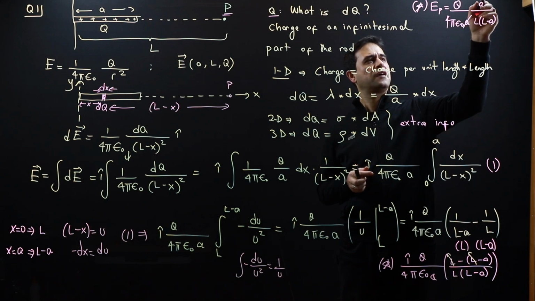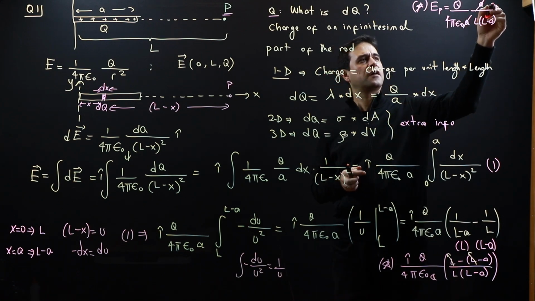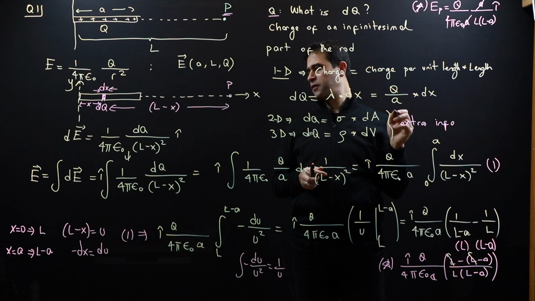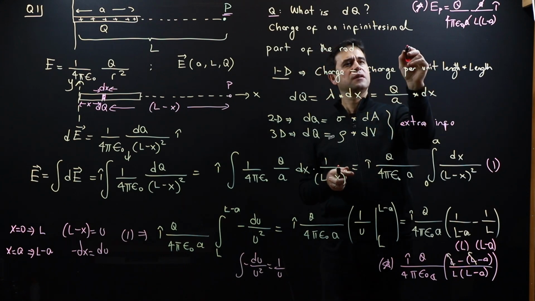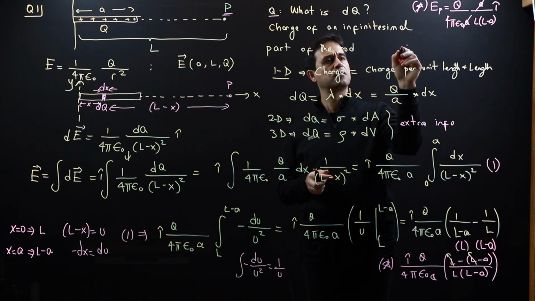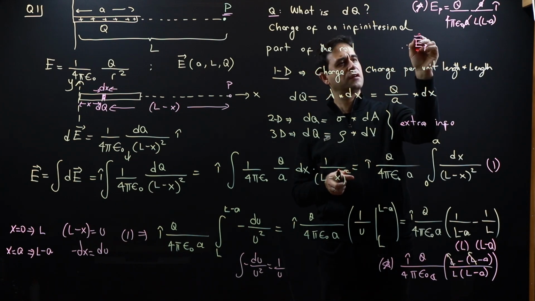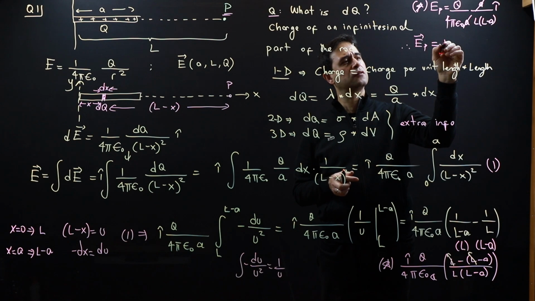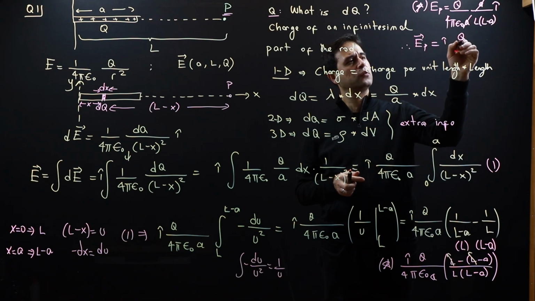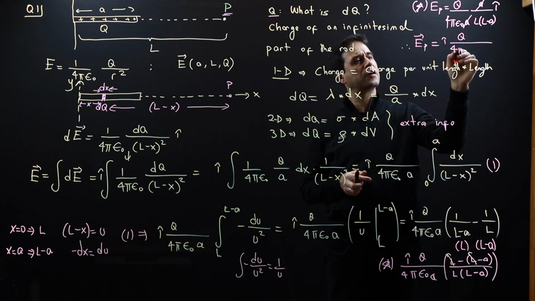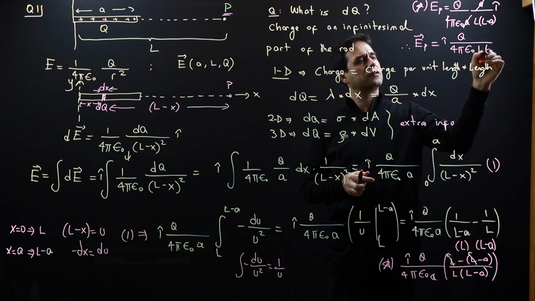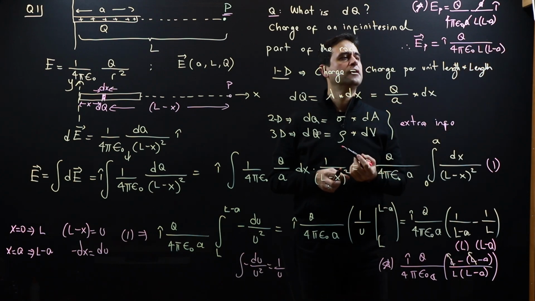You see that this a cancels the other a here, and there's an i hat here. So I should write the final result here: E at point P is a vector equal to i hat q divided by 4 pi epsilon 0 L times L minus a.